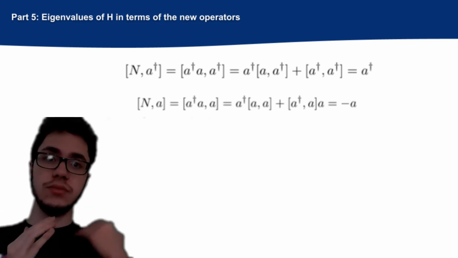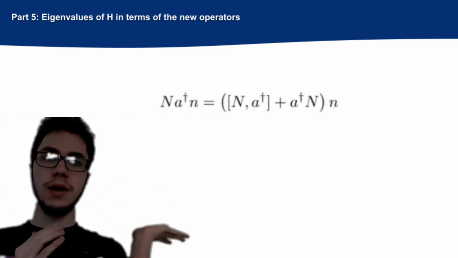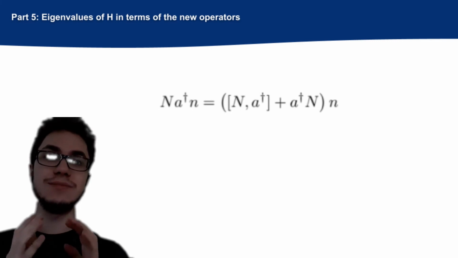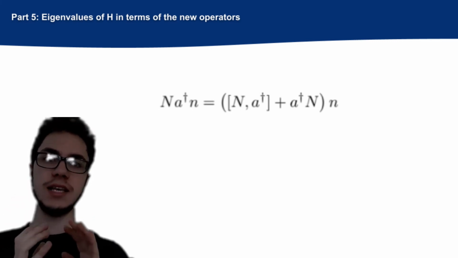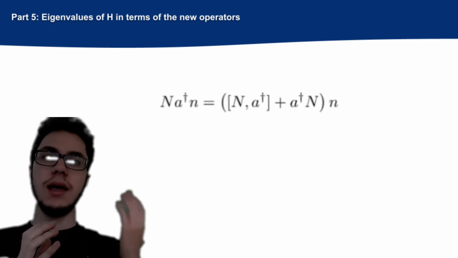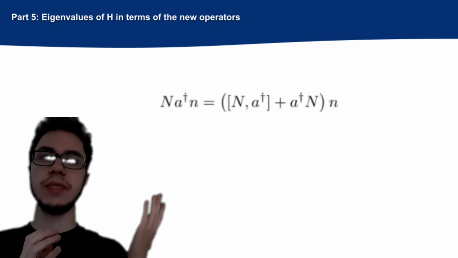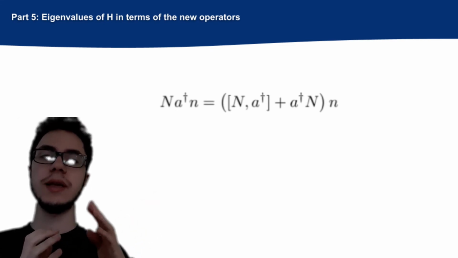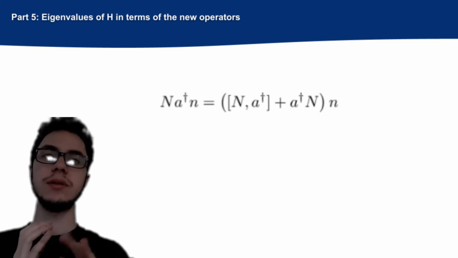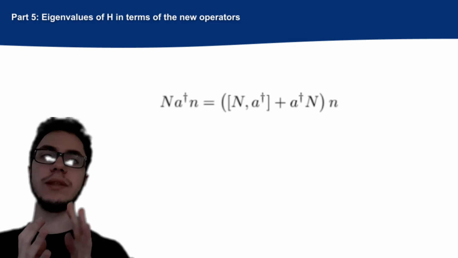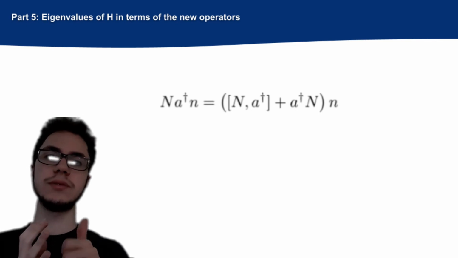Now let's talk about this equation. Here we can see that the bracket notation is used, which is very important in quantum mechanics. Also, we can see that the product between the number operator and the creation operator can be expressed in terms of the product between creation and annihilation operator and the commutation between the number operator and the creation operator.